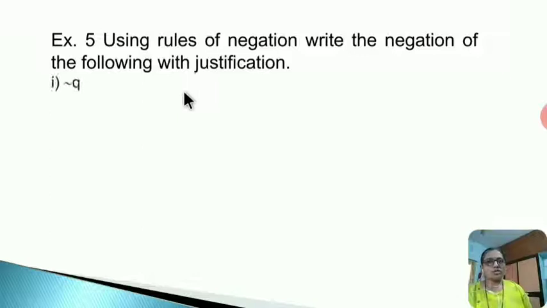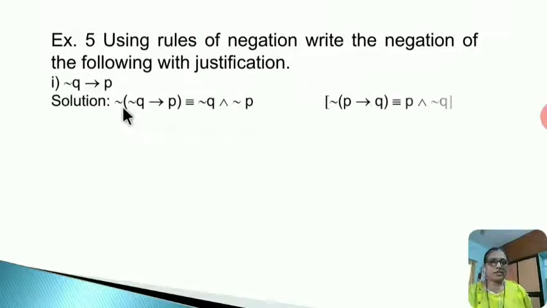Now the first one is negation Q implies P. So consider the negation of negation Q implies P. We know the negation of P implies Q is P and negation Q. This is the negation of a conditional statement.